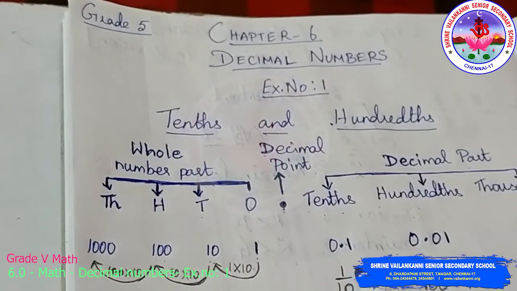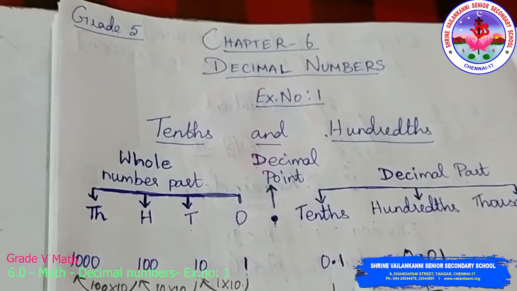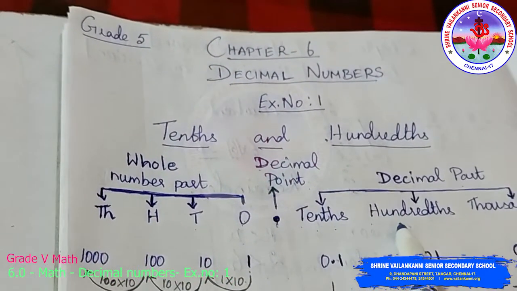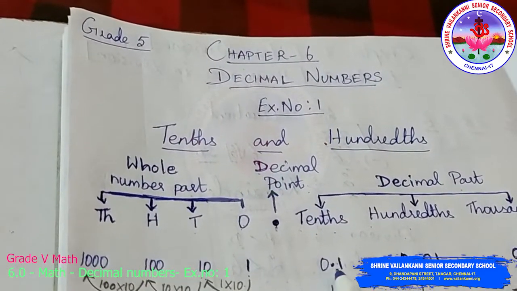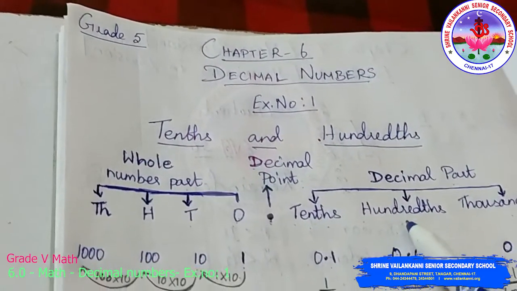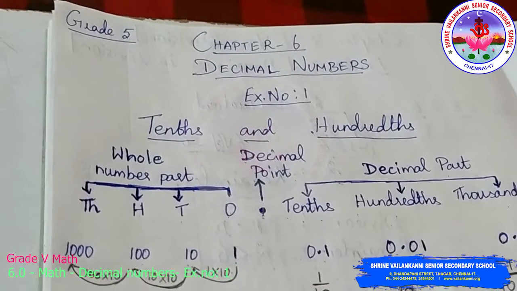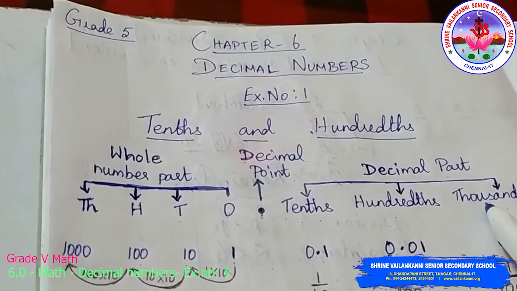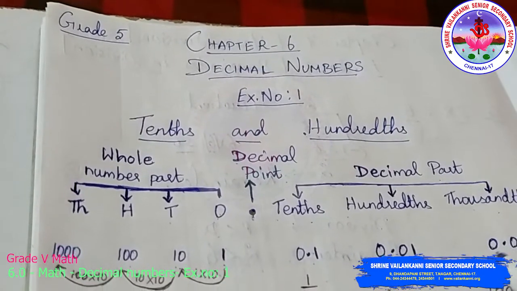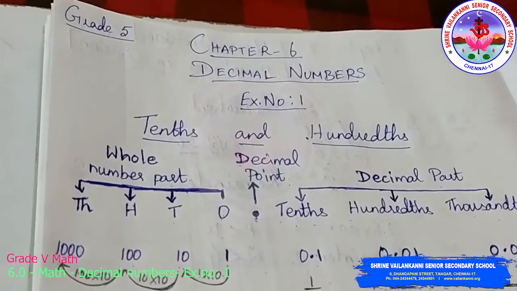So likewise, we also have values for the decimal parts. The value of the tenth place value is 0.1. The value of the hundredth place value is 0.01. The value of the thousandth place value is 0.001.